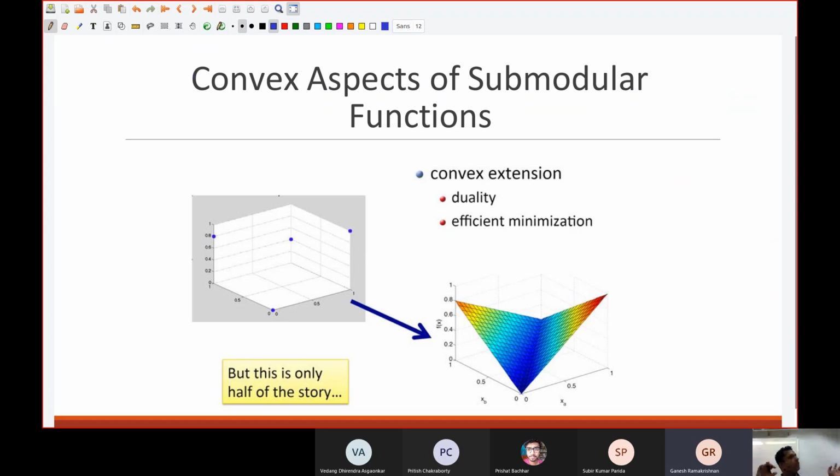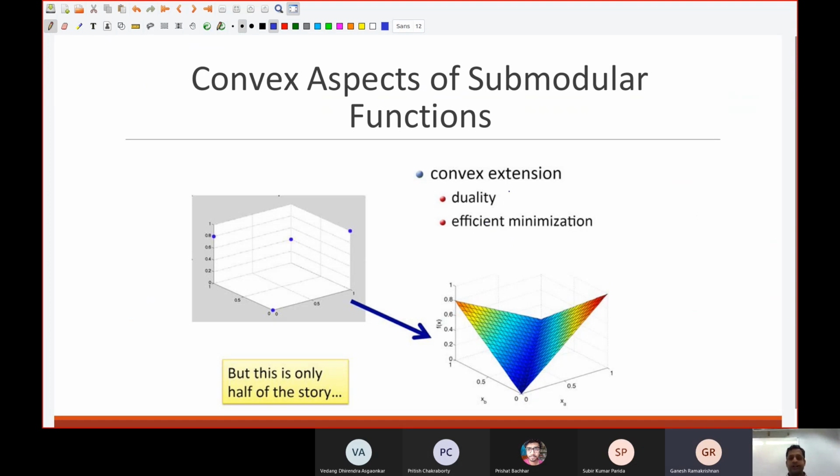The convex aspects are about duality and efficient minimization, which I'll not talk about much because the usage of the convex extension is relatively less in machine learning, though there is a lot of usage otherwise.